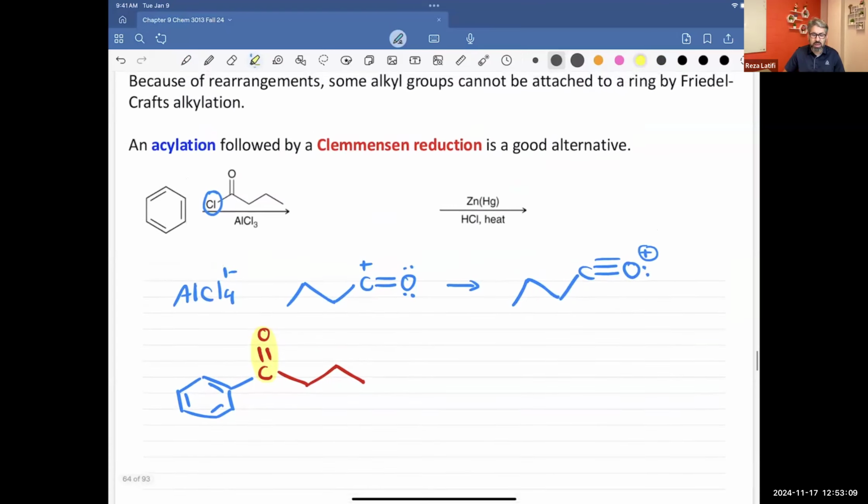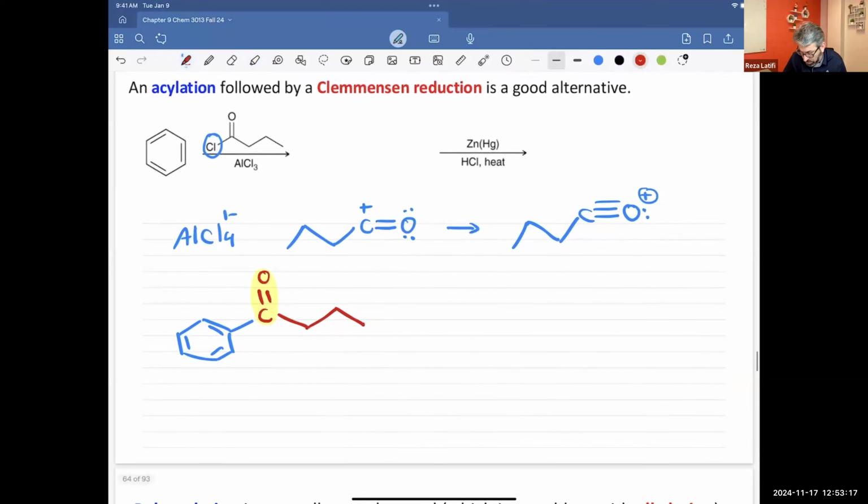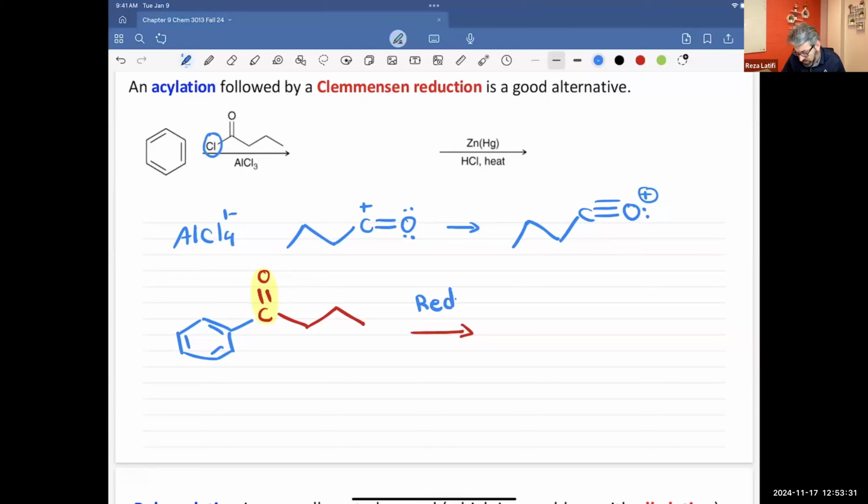Okay. You might say, I don't want the carbonyl. I just simply want a butyl group attached to the ring. So how can I get rid of this carbonyl group? We have a couple of methods, at least 3 different methods, to saturate that carbonyl group and turn it just to CH2. So we can run a reduction process and reduce this one.